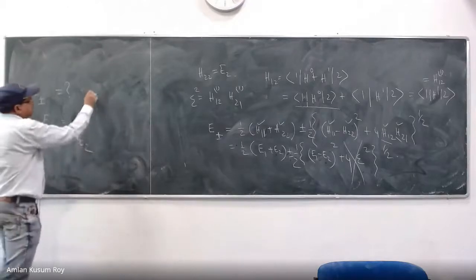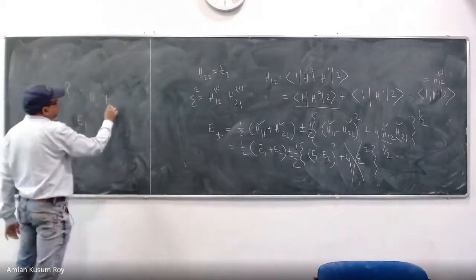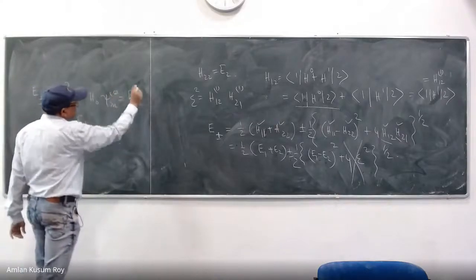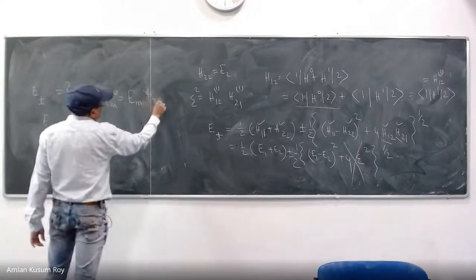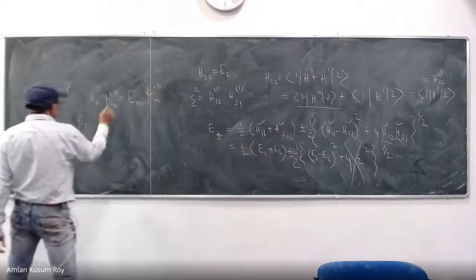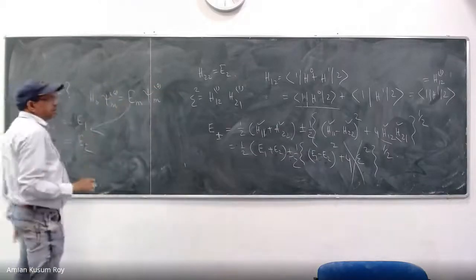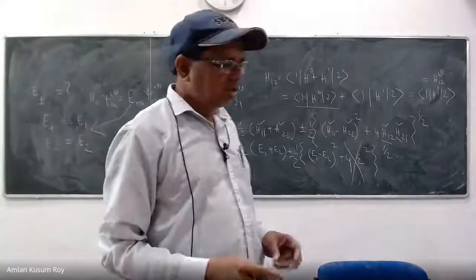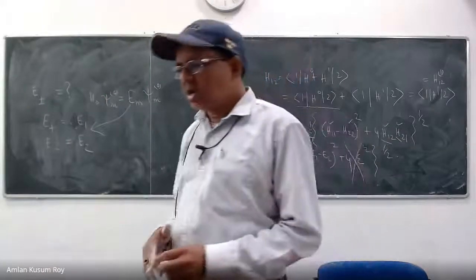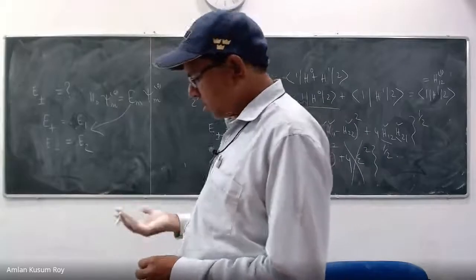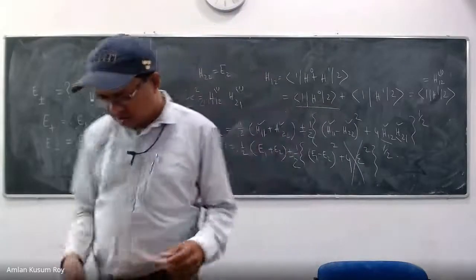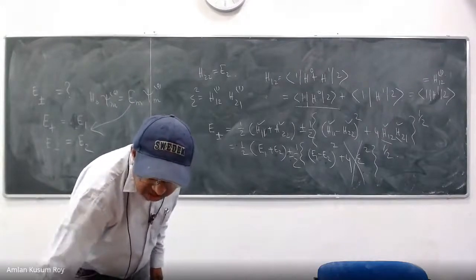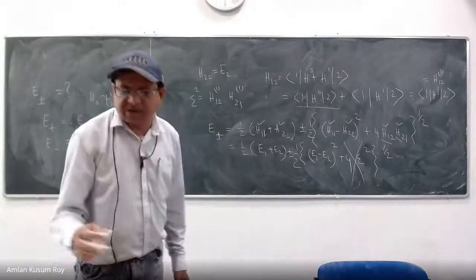Remember, H0 ψM⁰ is equal to EM ψM⁰, which is what should be the case. So in the next class, we will start from here and illustrate some very general aspects of perturbation theory in this little system, and then we'll move on to the many electron system.